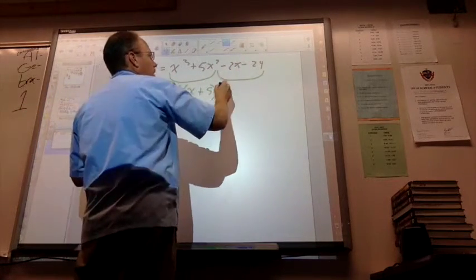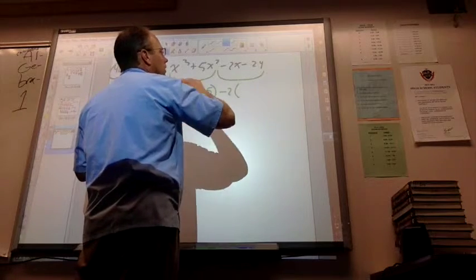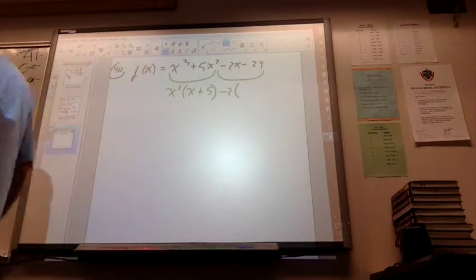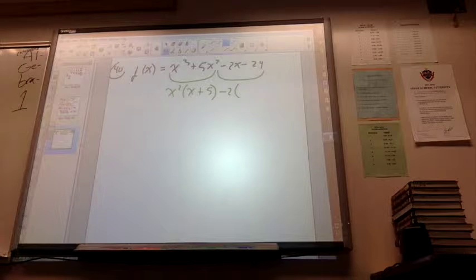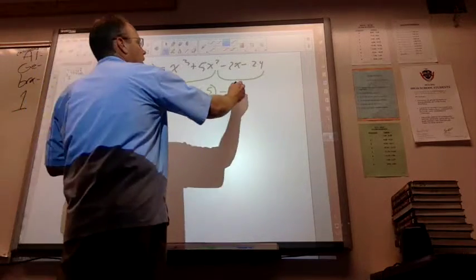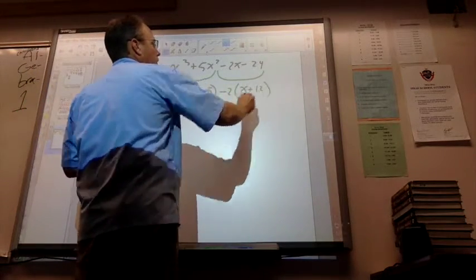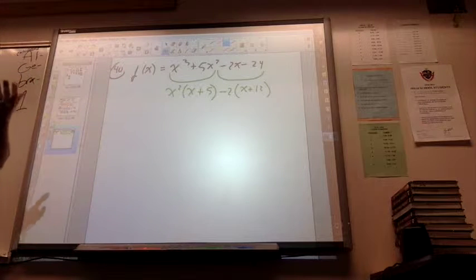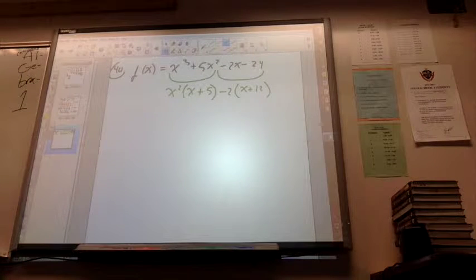And then I can factor out a negative 2. All right, so if I factor by grouping, we're going to get that. So this is going to tell us flat out that it won't work.